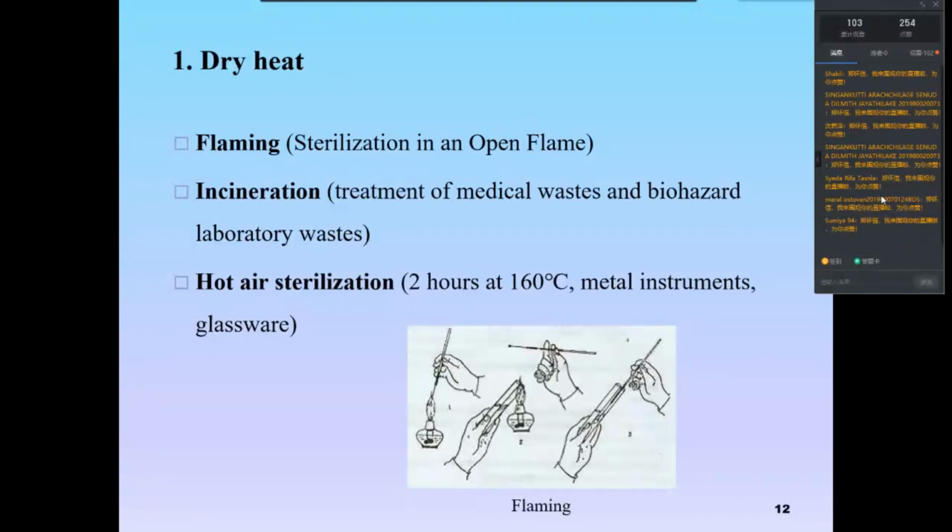The other one is hot air sterilization. For this procedure, we need to use an oven. In the oven, you can adjust the temperature to very high, like 160 degrees or over 200 degrees. You put in your metal instruments or glassware, which can be baked; with a high temperature, they are not destroyed.